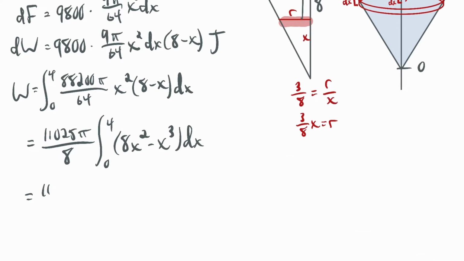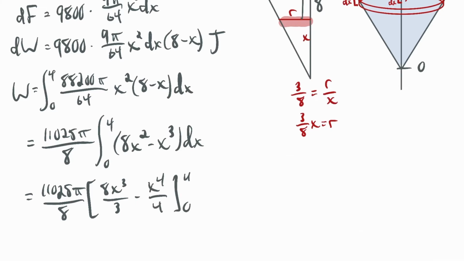So 11,025 pi over 8 times 8x cubed over 3 minus x to the 4th over 4, evaluated at 0 and at 4.